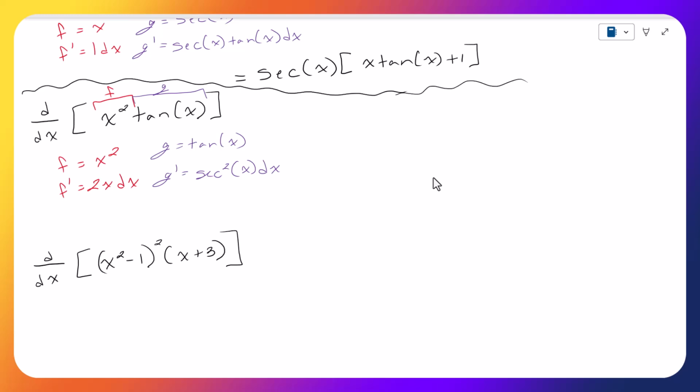And now we just put stuff in place. We get x squared times secant squared of x dx plus 2x dx tangent of x.